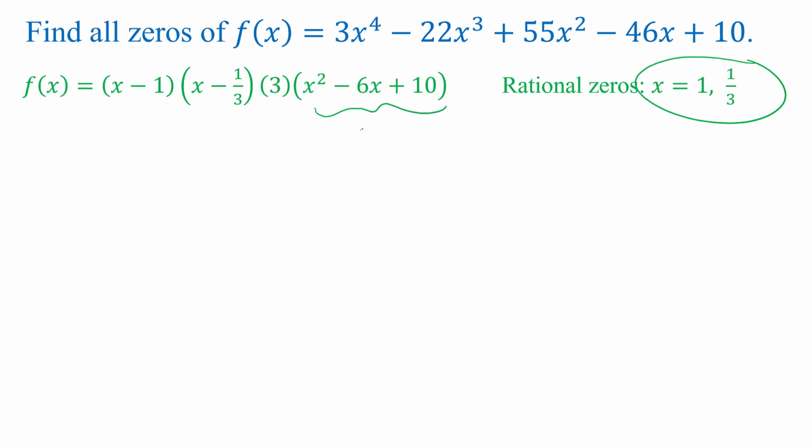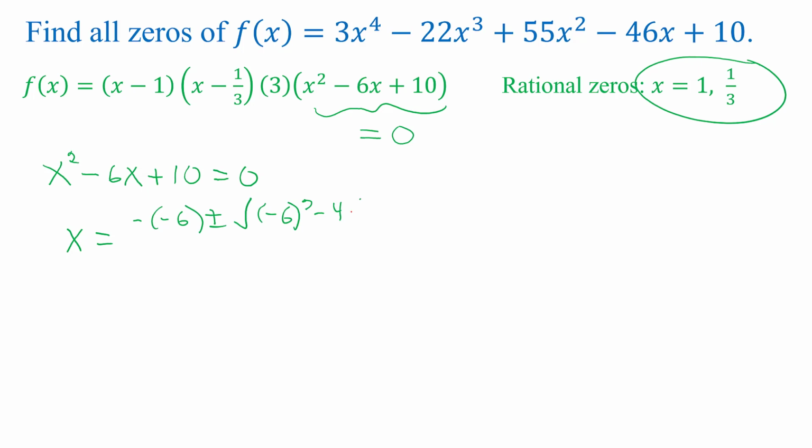I'm going to set this polynomial factor equal to 0. Then we'll use the quadratic formula. We have x equals negative b plus or minus the square root of b squared minus 4ac all over 2a.